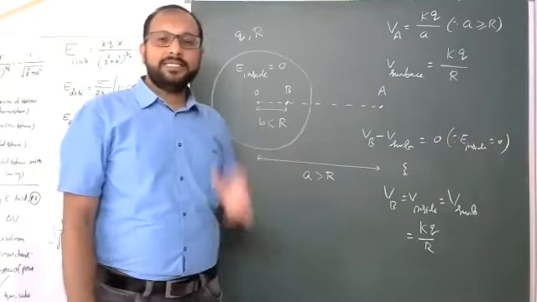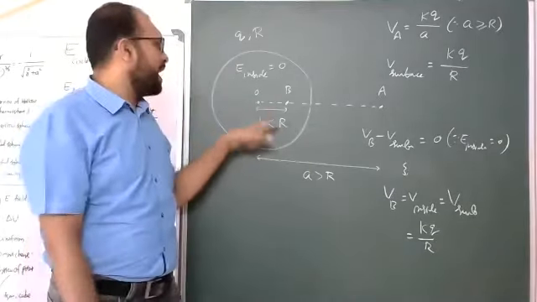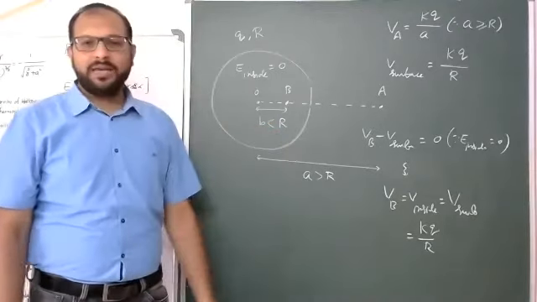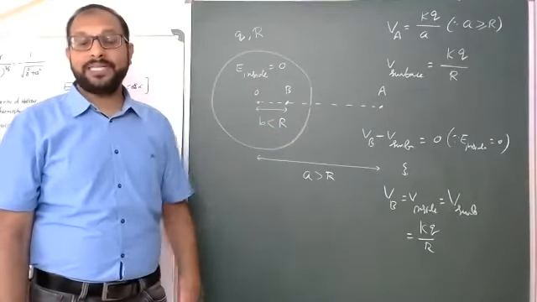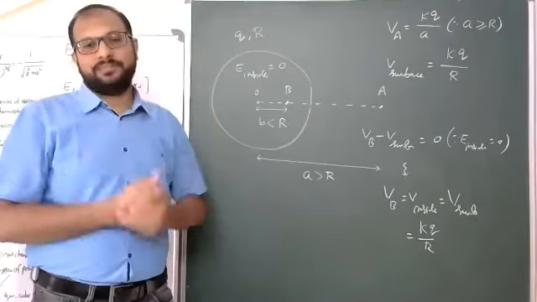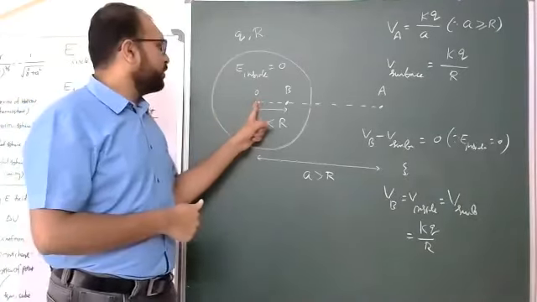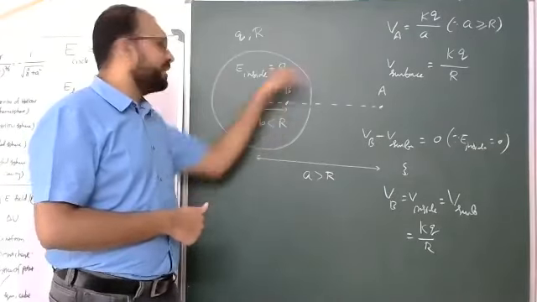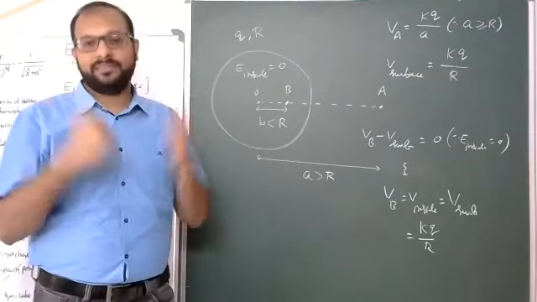That constant is KQ by capital R. That is why it is an example of an equipotential space, from the center to the surface. Any point you take is equipotential.